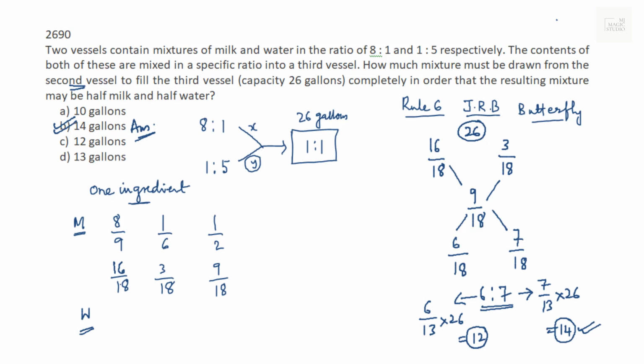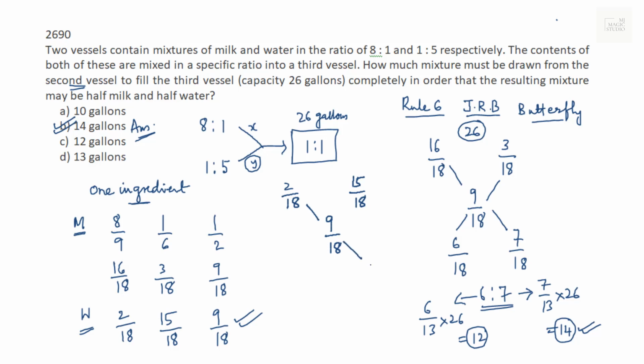Water is 1/9, that is 2/18. 5/6, that is 15/18. And again half, that is 9/18. We can use these fractions also in the cross diagram, and we'll end up getting the same ratio, that is 6:7. Let's see. 2 by 18, 15 by 18, and now 9 by 18.